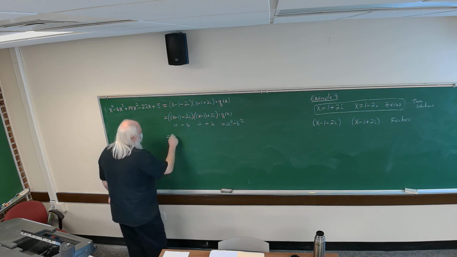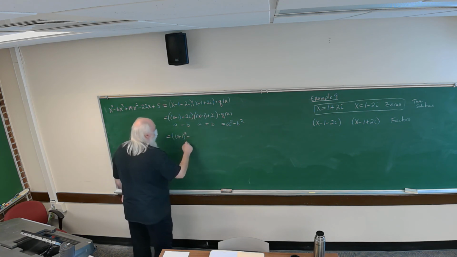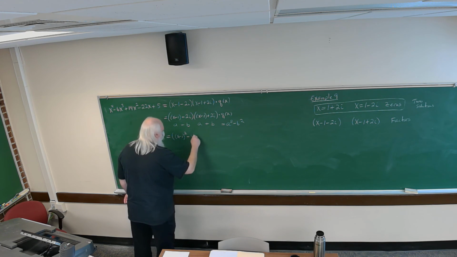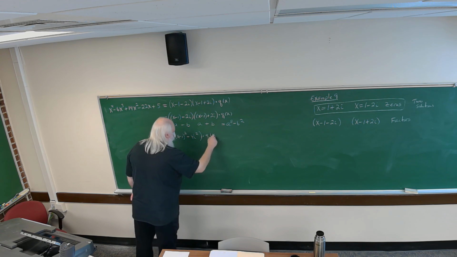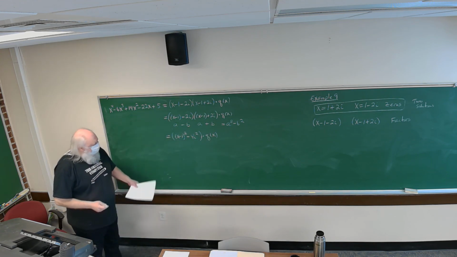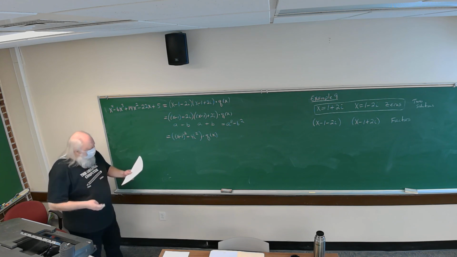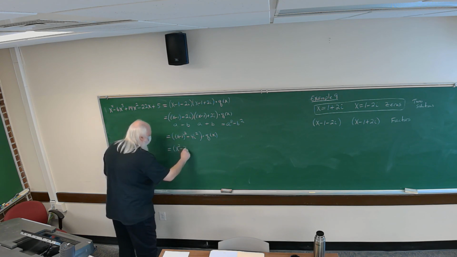So this is equal to, when you multiply these two factors, x minus 1 squared minus 4i squared times q of x, which we don't know what it is. Well, you know i squared is equal to negative 1. And so x minus 1 squared is equal to x squared minus 2x plus 1.